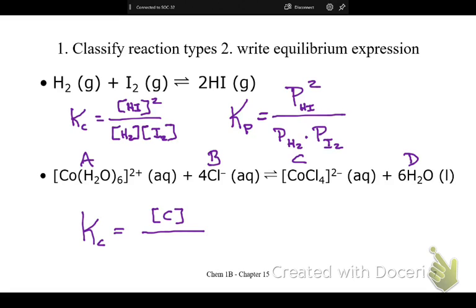Something like that. You learn that nomenclature at the end of the semester. And then what do I divide by? A, and B. Okay, am I done? What's missing? See this? Got to be to the fourth power.